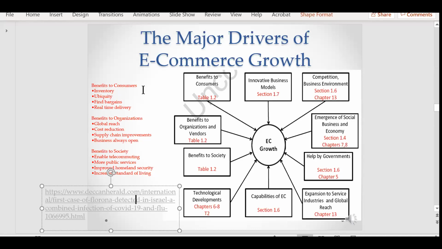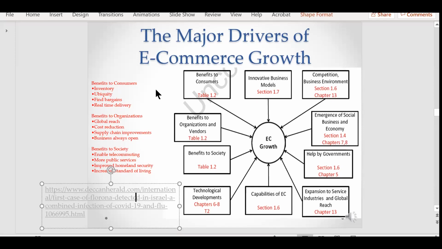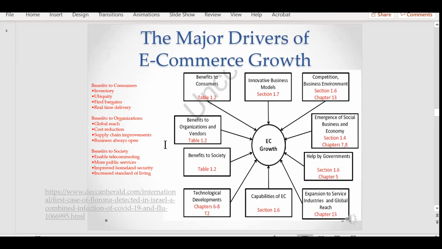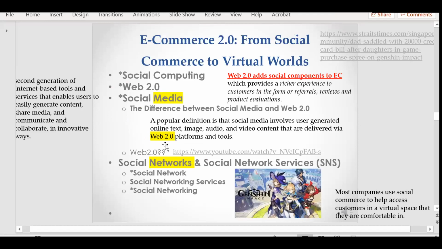Similarly, the organization also finds a lot of benefits in having their business online, and even the community finds a lot of advantages. And these are all the driving forces. Also the government initiative, like Singapore, is fully supportive of moving to a digital economy, as well as the smart initiative from the government to come up with a smart nation.